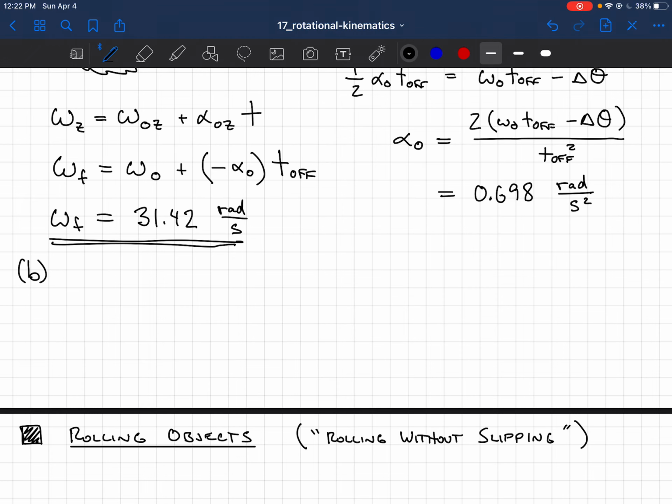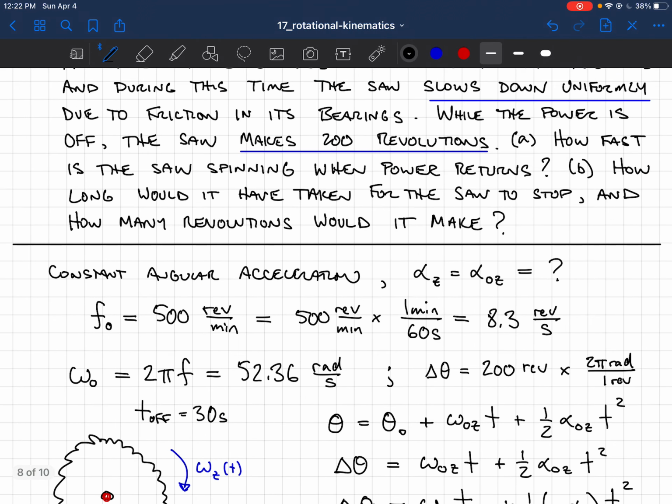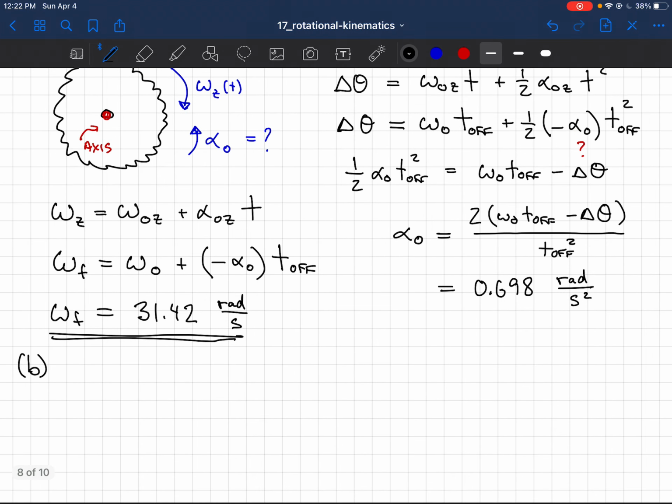Part B, I might need some more space. Part B says, how long would it have taken for the saw to stop, and how many revolutions would it make? Well, now t is an unknown, but we know what our omega final is. So we can use the same equation again.